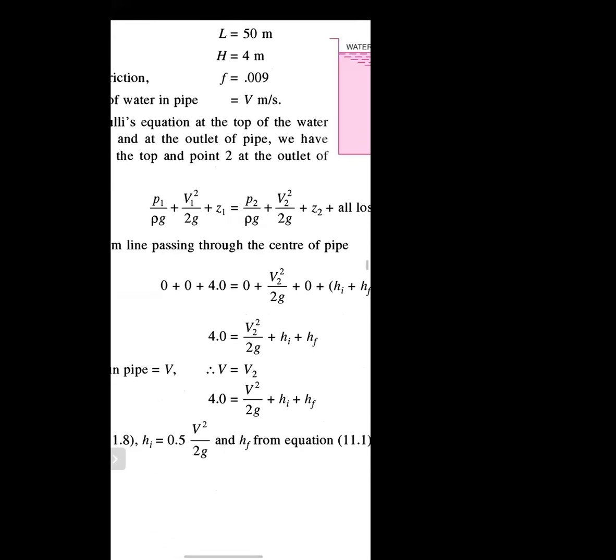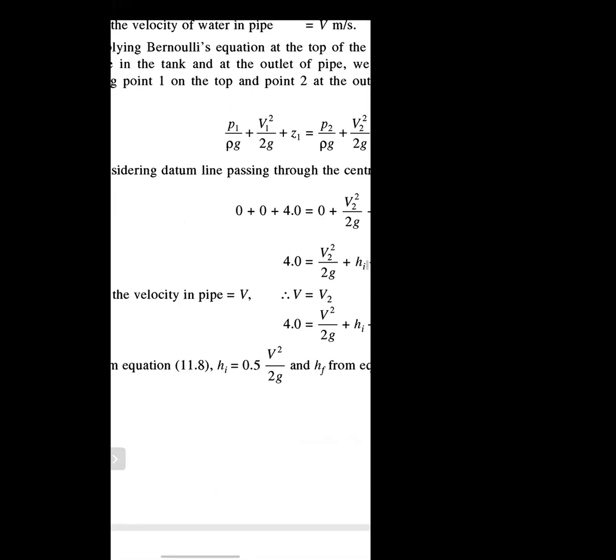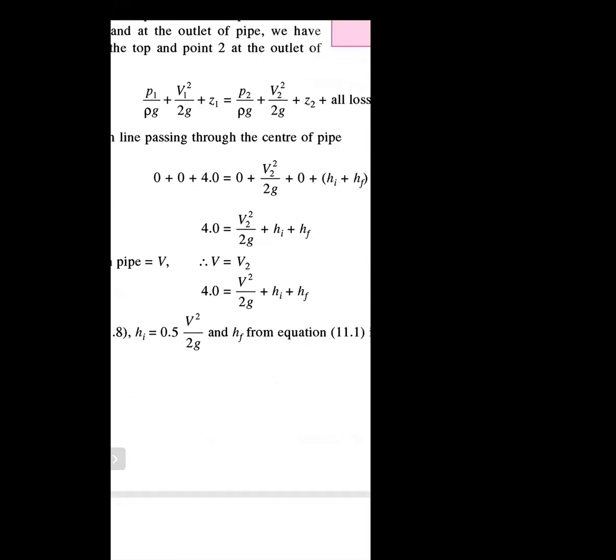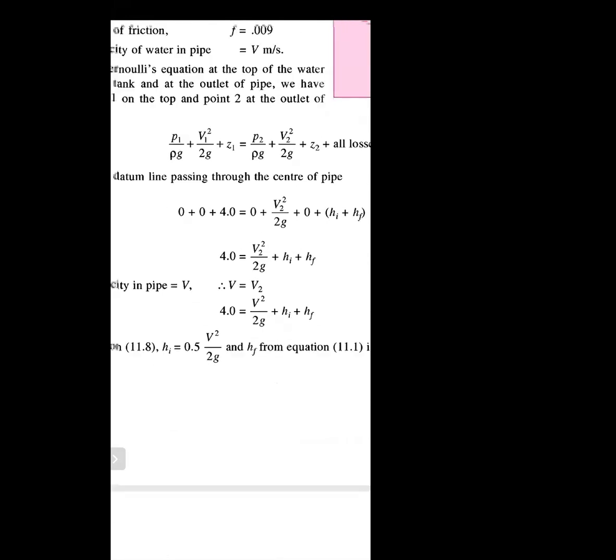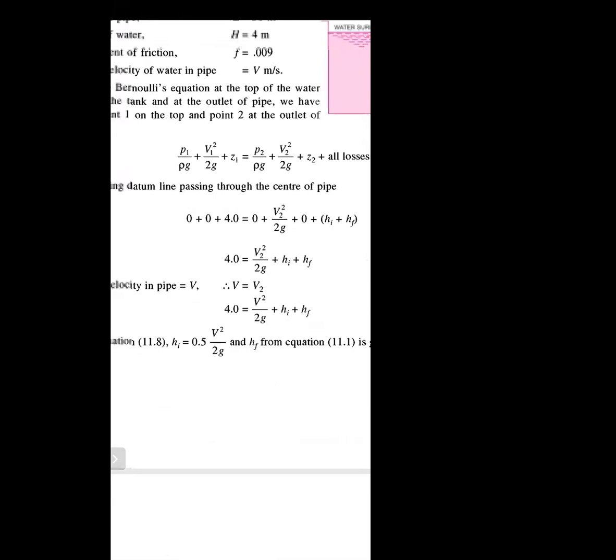By putting this value, you will get 4 is equal to V2 square upon 2g plus hi plus hf, where hf is head loss due to friction and hi is head loss at inlet.